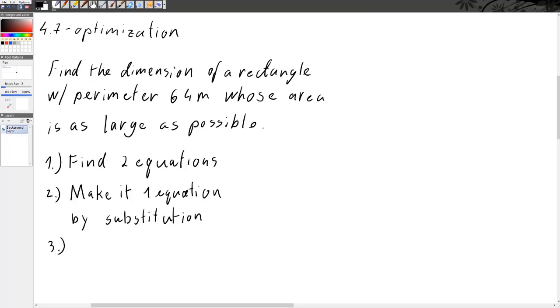And then three, take the derivative and solve. All right.